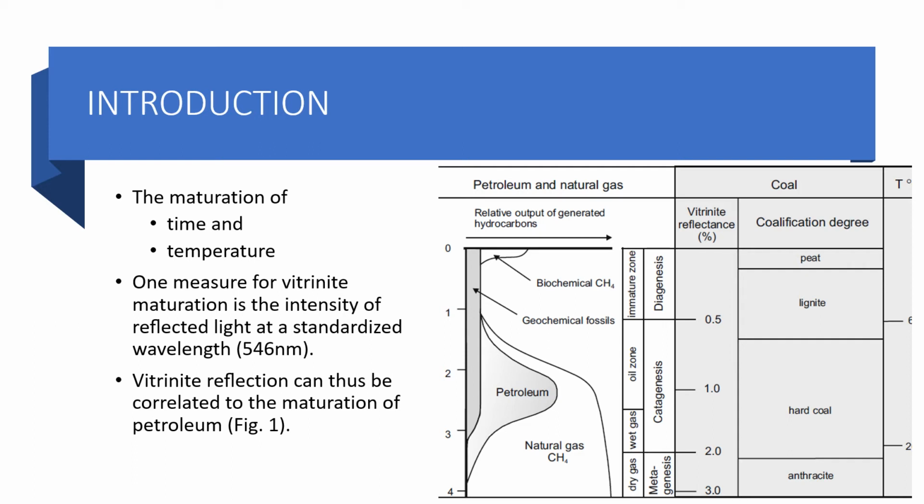Assuming there has not been a second or third episode of change and only a single episode, then basically you have one permanent record there of the thermal history. So vitrinite reflection can thus be correlated to the maturation of petroleum.